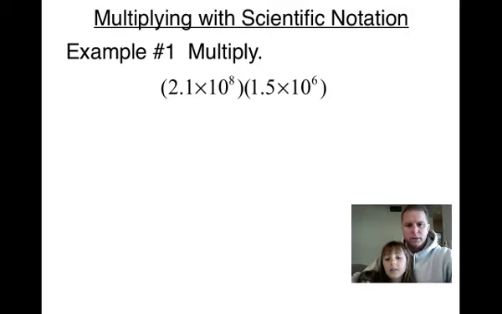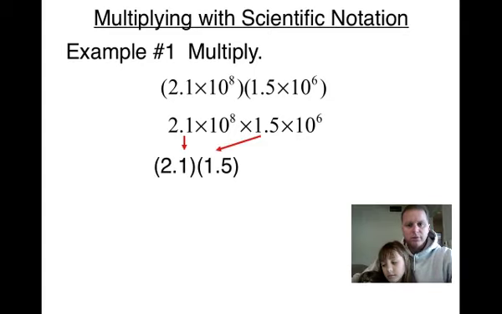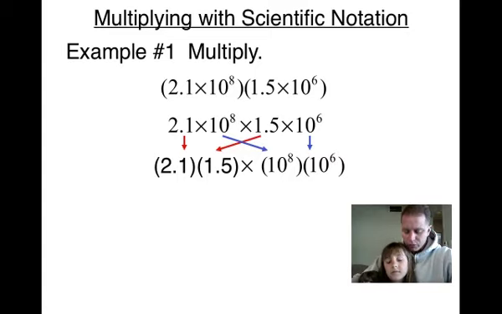Okay, so we're going to take our whole numbers, the 2.1 and the 1.5, we'll multiply those together, and then that'll be a big times, and then we're going to multiply the 10 to the 8th times 10 to the 6th. Now you haven't done multiplying decimals yet, so we're not going to worry too much about that. But when you multiply those 2 together, you're going to get 3.15.